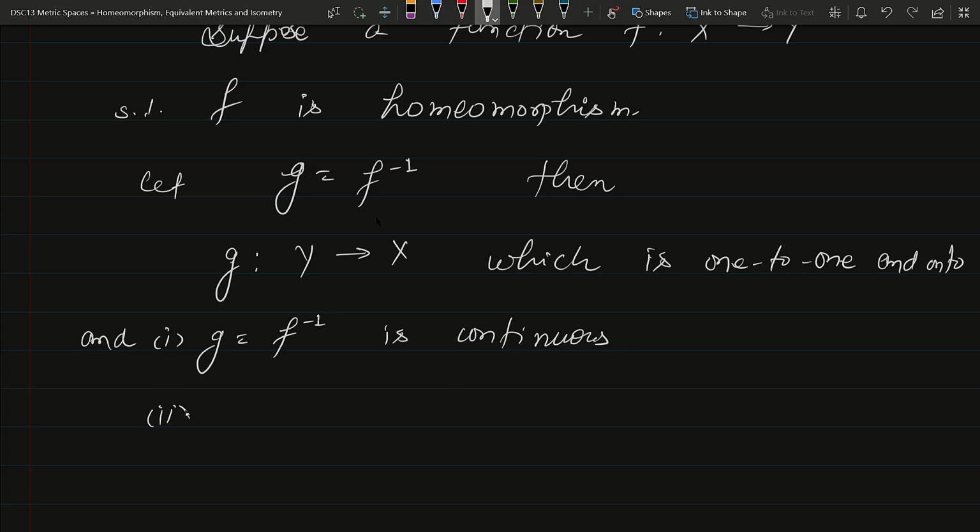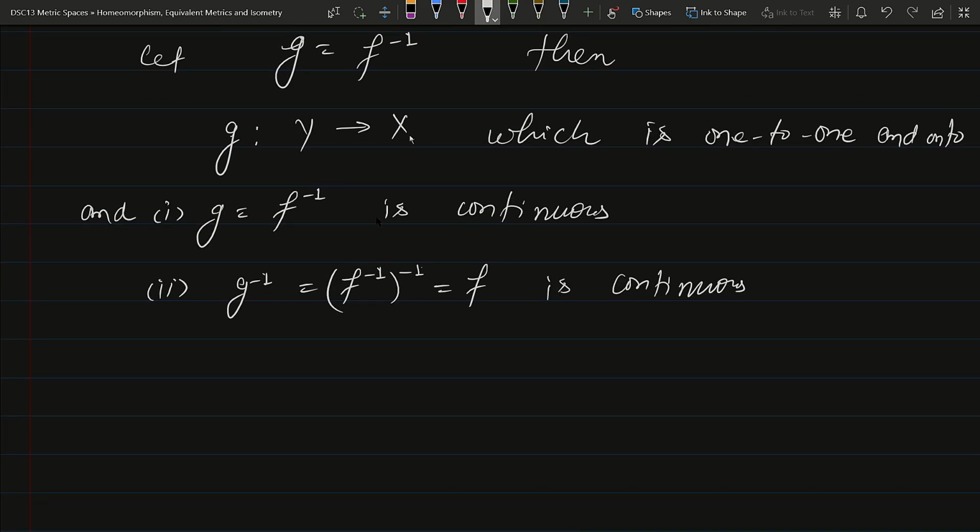And second, Z inverse is equal to f inverse of inverse, which is equal to f, and ये तो by definition continuous है ही. तो हमें एक ऐसा फंक्शन मिल गया है Y से X में such that it is one-one and onto, this Z is continuous and its inverse is continuous.